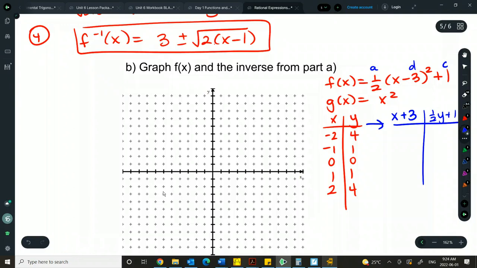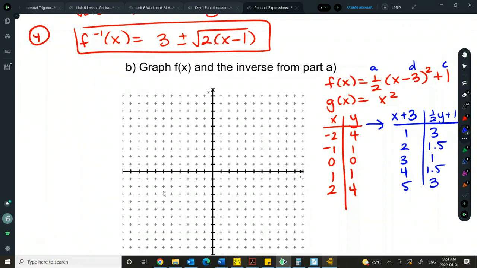I'm just going to do that really quickly here. So 1, 2, 3, 4, 5, and 3, 1.5, 1, 1.5, and 3. So those are my f at x points.